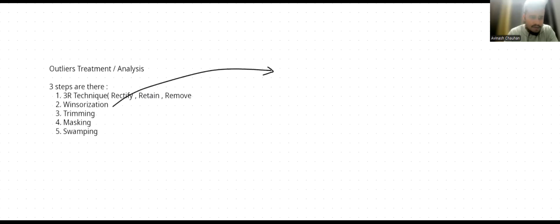What do you mean by winsorization? If there are any outliers in your data, what will we do? We take the 5% value of the entire data.